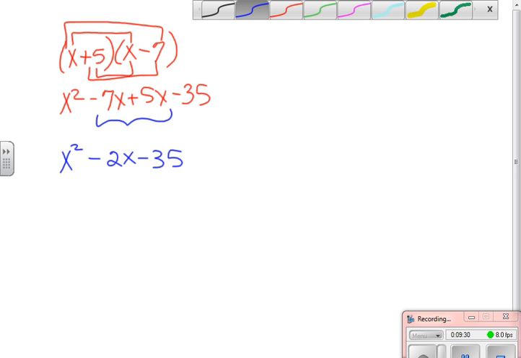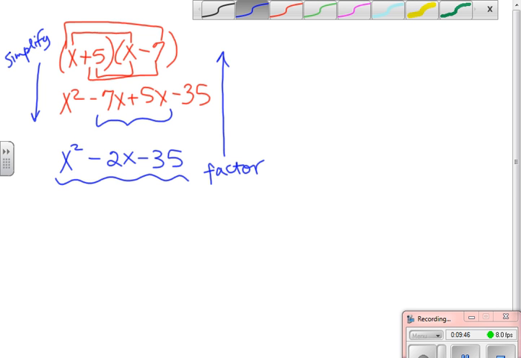So the directions this way are to simplify. The directions this way say factor. And I want to undo, I want to find out what two numbers were multiplied together to make this number. Okay, so this is what we're working at.